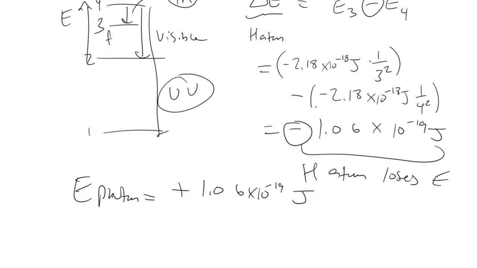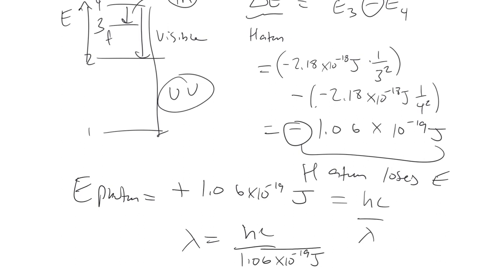And so this is the energy of the photon. Energy of a photon is equal to hc over lambda. So we're solving for wavelength, taking lambda as hc divided by 1.06 times 10 to the minus 19 joules. Hopefully we're all comfortable with h, or if you're not, just look it up. It's 6.626 times 10 to the minus 34 joules times seconds.